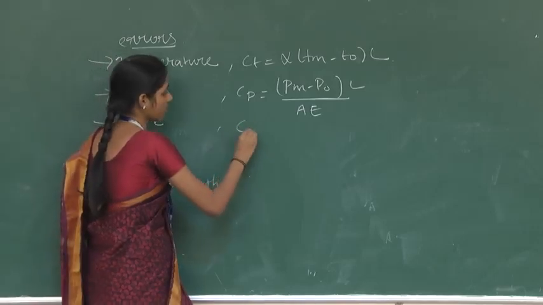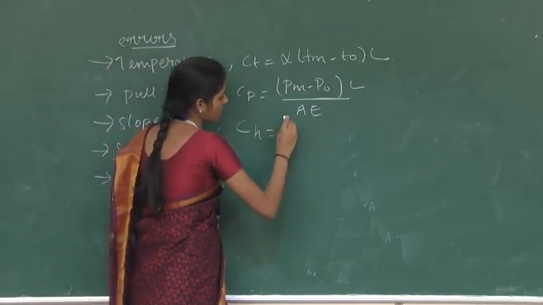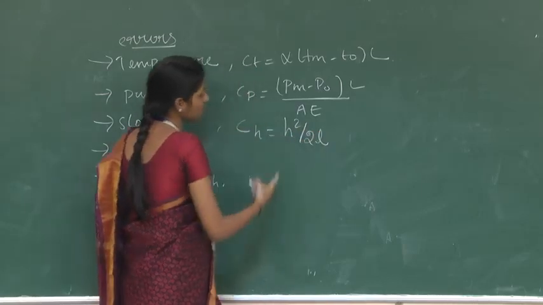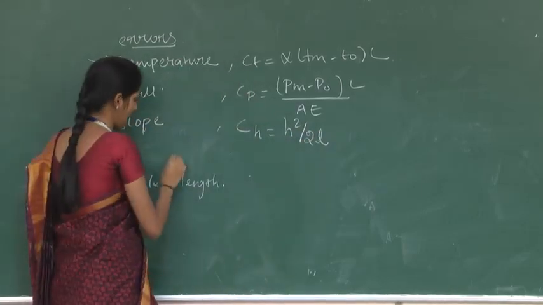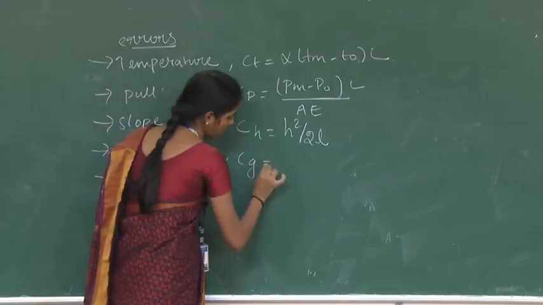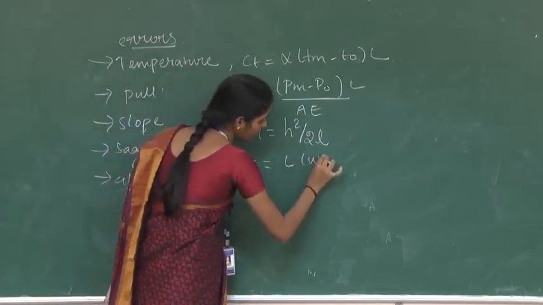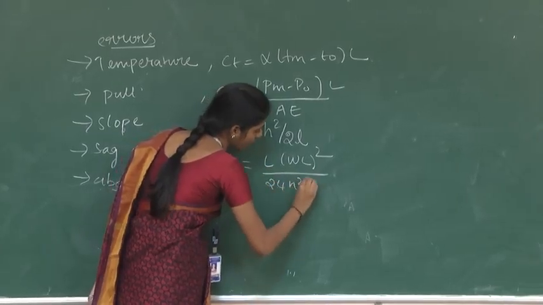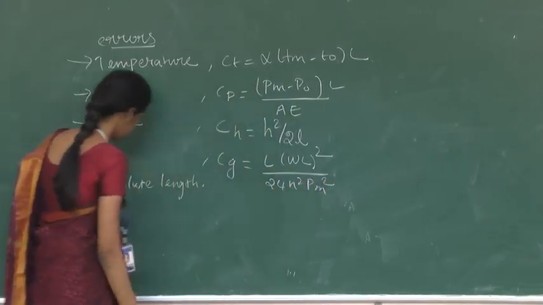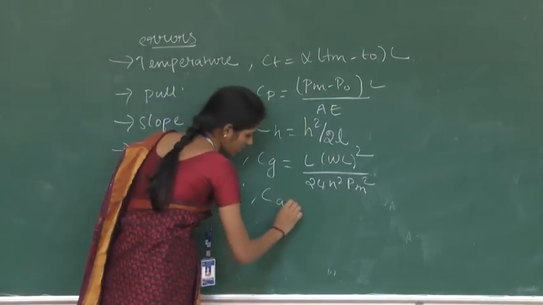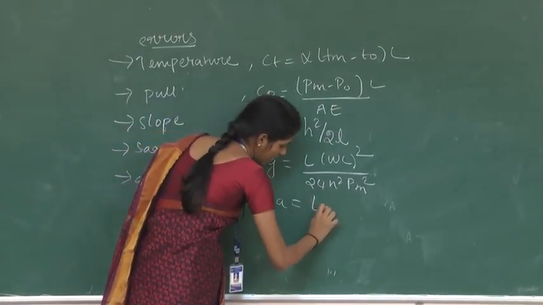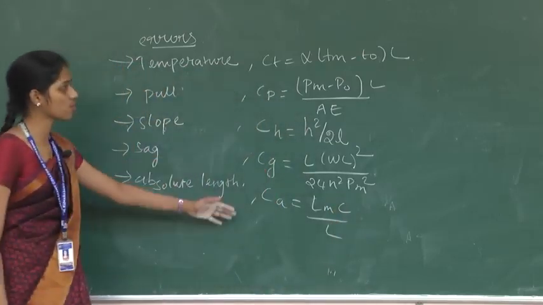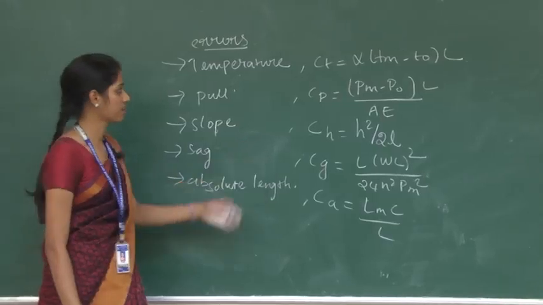And for slope, Ch is h square divided by 2L, where h by L is the slope, and for sag it is L into W L square divided by 24 N square Pm square. Then for absolute length, it is Lm into C divided by L. These are the correction factors to be applied while surveying.